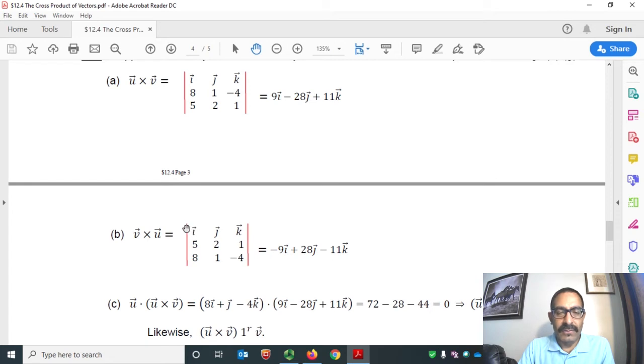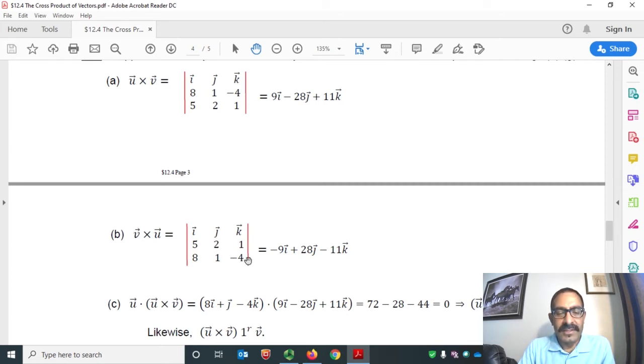Again we are expanding along the first row, so plus, minus, plus. First plus, so i as it is, cross out the row and column containing i, so we have the 2 by 2 determinant 2, 1, 1, -4.